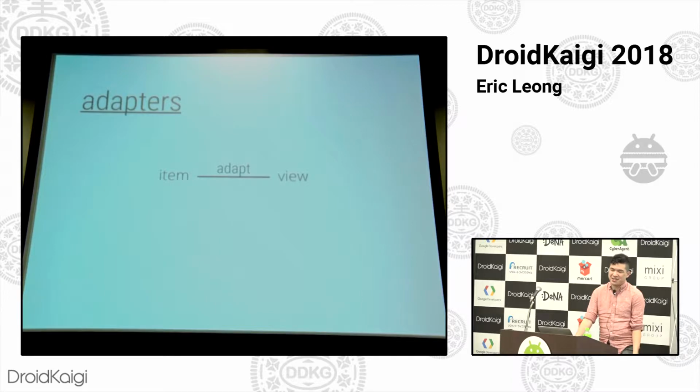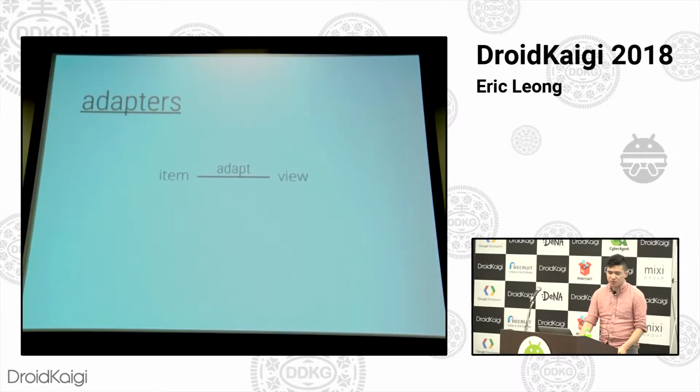Really, at the end of the day, you're taking an item, some sort of model, some sort of post, so for us it's a photo post or some sort of item, and you're trying to adapt it or map it to a set of views or one view. Something like your list of contacts, you're trying to take a contact and map it to, say, a text view.